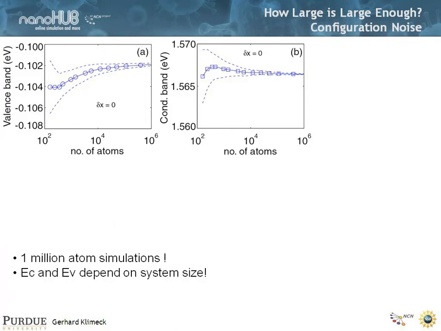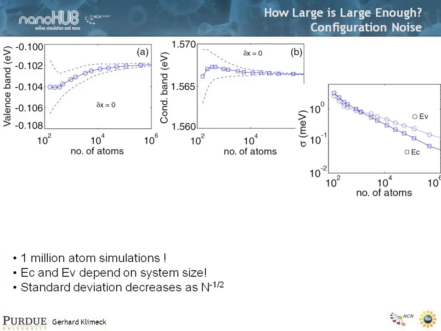The interesting thing is, for the conduction band, it's even non-monotonic. It goes up and it goes down. Here's the sigma plotted as a function of number of atoms, so it gets much smaller, which obeys the law of large numbers, which makes sense. You want this to go down with the law of large numbers.